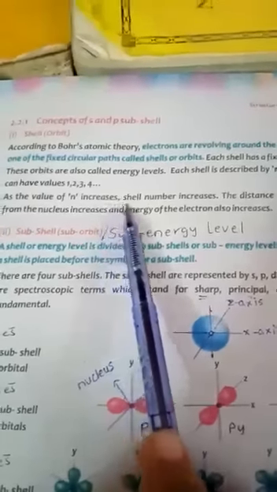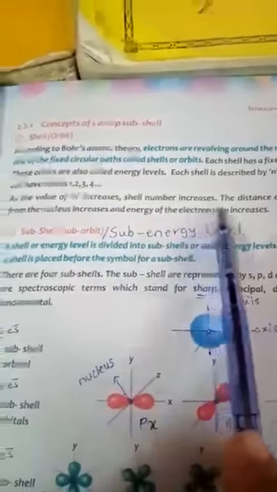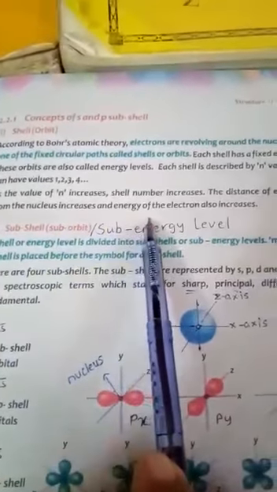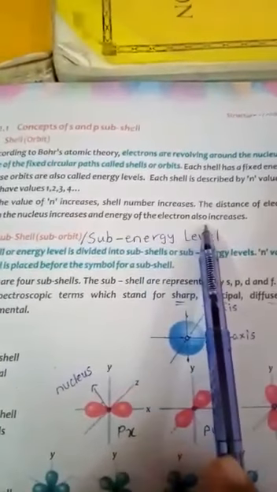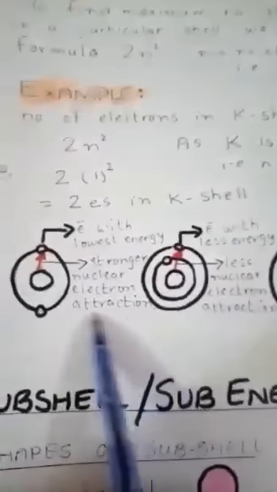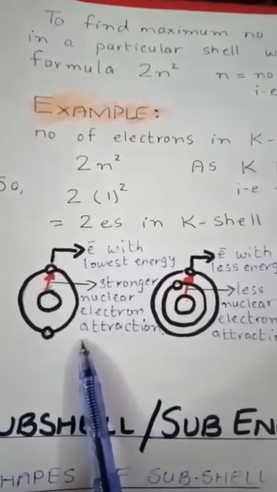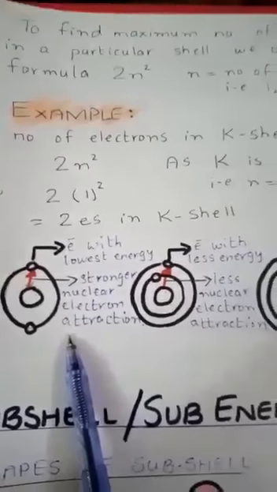Now, if you see over here, as the value of n increases, the shell number increases, the distance of the electron from the nucleus increases, and the energy of the electron also increases. Now, they are saying that each shell has a fixed energy. It depends upon the distance of the electron from the nucleus.